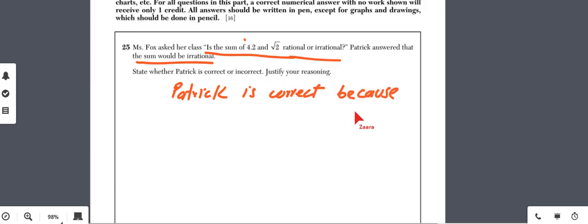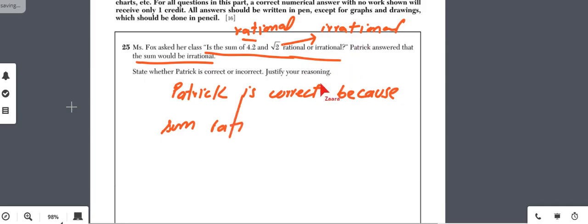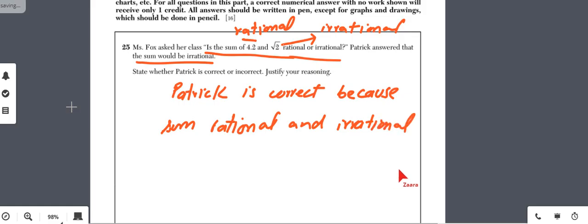Yeah, because 4.2 is a rational number and root 2 is irrational. And the sum of a rational number and an irrational is always irrational.